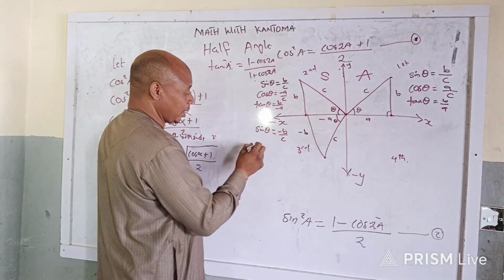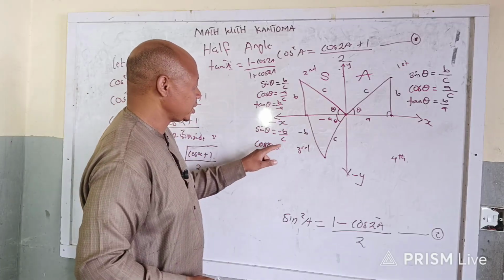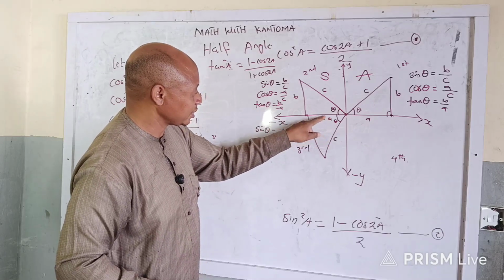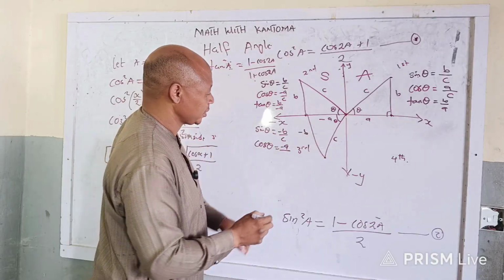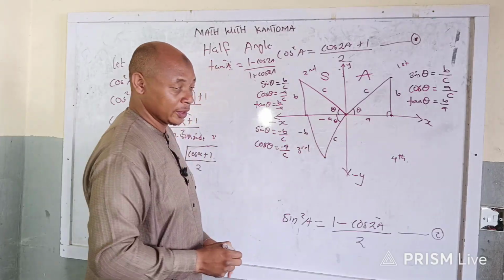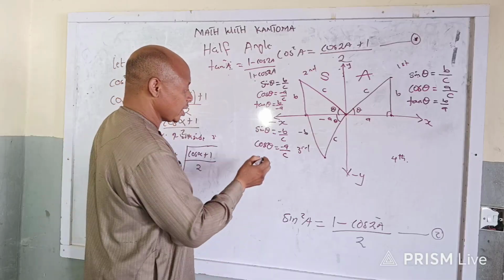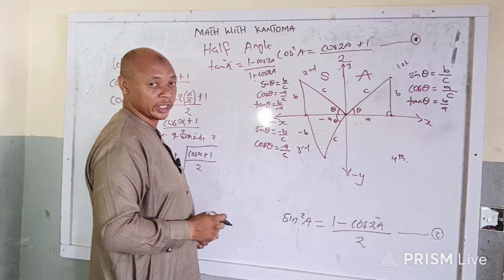So whatever value you have on this quadrant, sine must be negative because of the negative value b. And also cos theta on this quadrant is adjacent, minus a, over hypotenuse, which is c. So minus a over c is definitely going to give us a negative value. Therefore cos theta on the third quadrant is also negative.